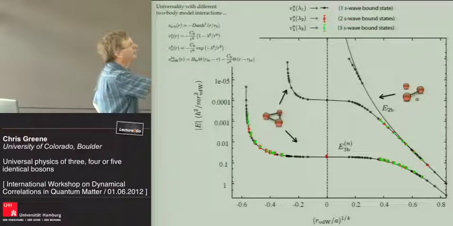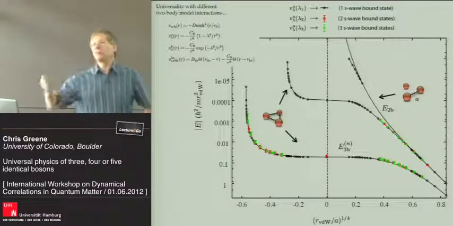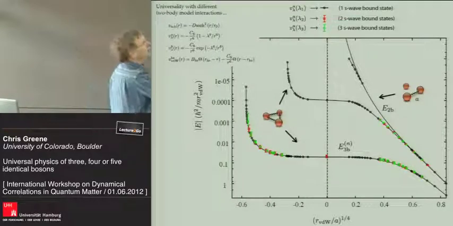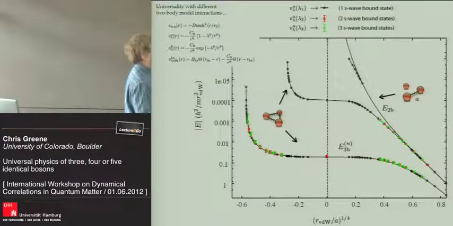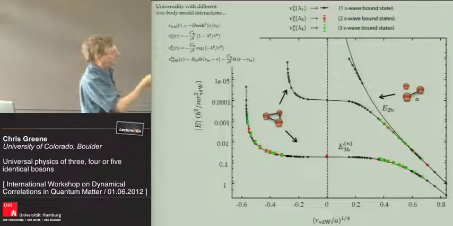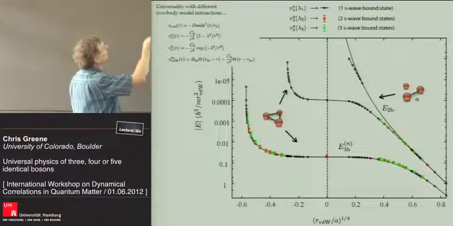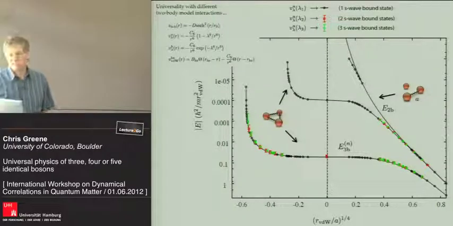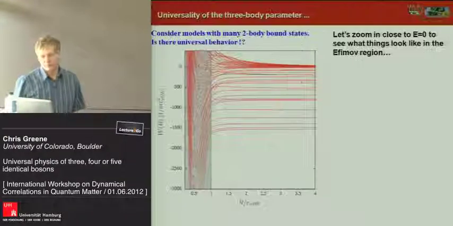But as you add 3 S-wave bound states, you've also added several D and G waves and so on, and you get very different looking potential curves. But all these look the same, and you can also put on other potentials. They're not on this graph, but they show the same basic effect.